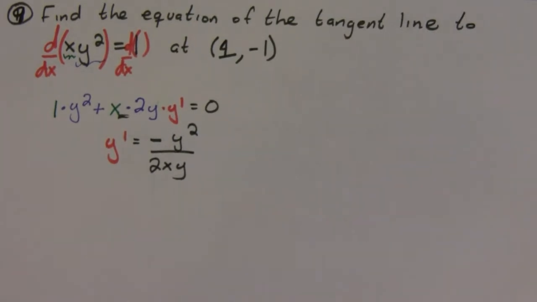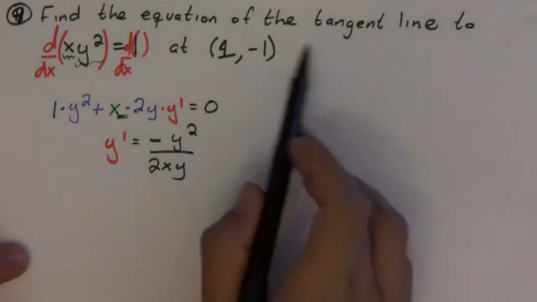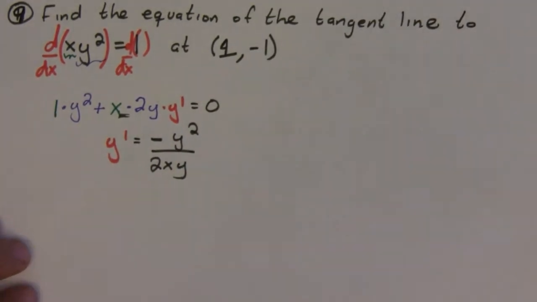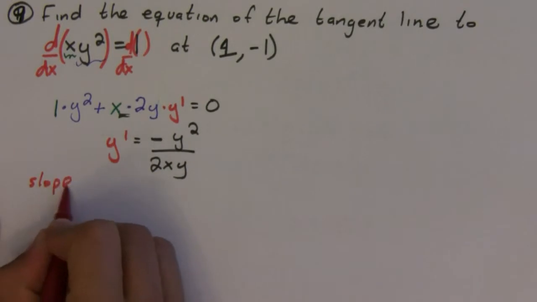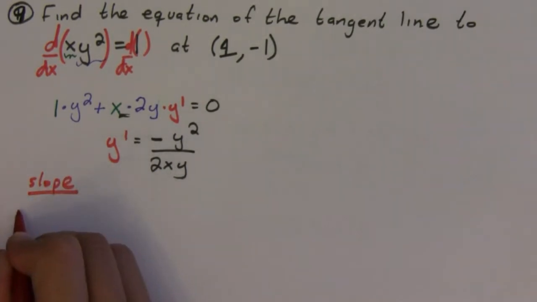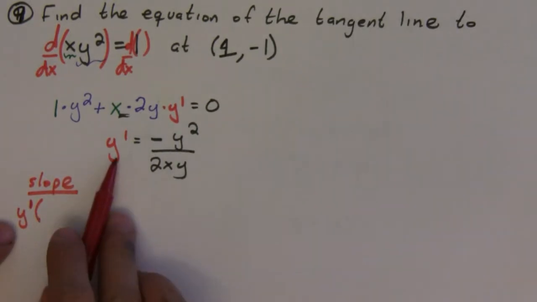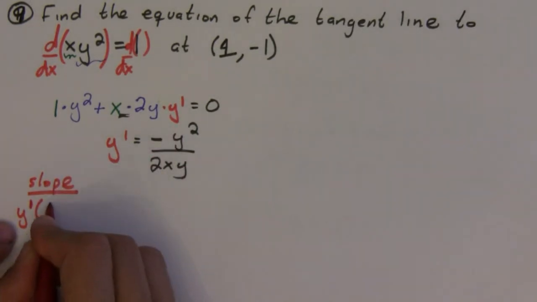Okay, and so then to find the tangent line, remember what we need is two things. We need the slope, and to find the slope we need to plug the point into my derivative.